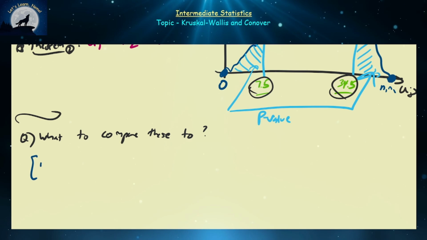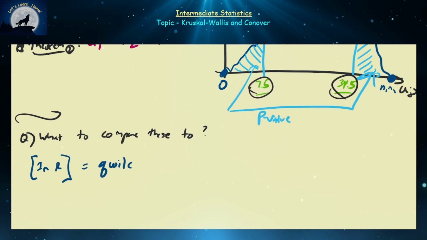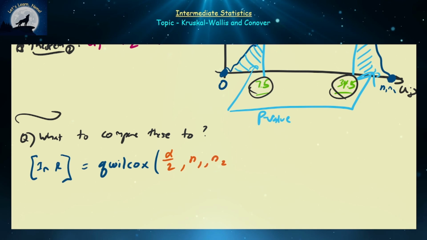So in the R programming language, and Python and a couple others also have ways to calculate these critical values. These are associated to a distribution known as the Wilcoxon distribution, right? And in R, that would be qwilcox. And if we're working with a two-tailed test, then obviously it's going to be alpha over 2. And then it's going to ask for your sample sizes, n1 and n2, and they can be inputted in any order.